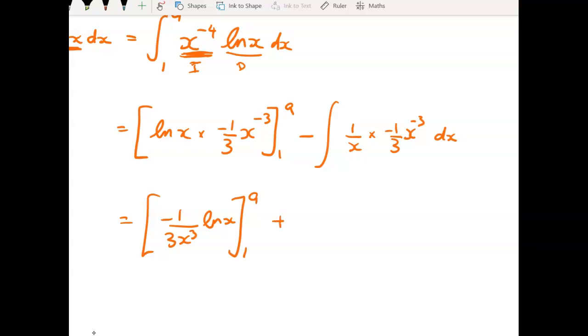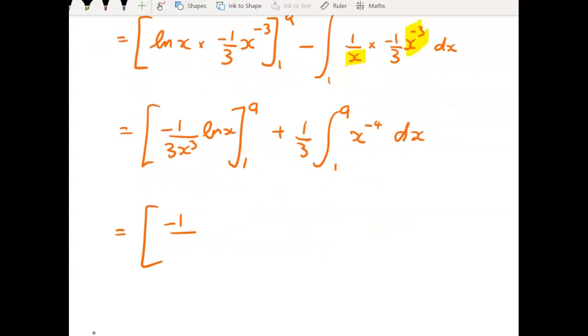And in here I'm going to have plus 1/3 times the integral from 1 to a of x to the -4, right? Because I've got 1 over x here, and I've got x to the -3 here, giving me this.